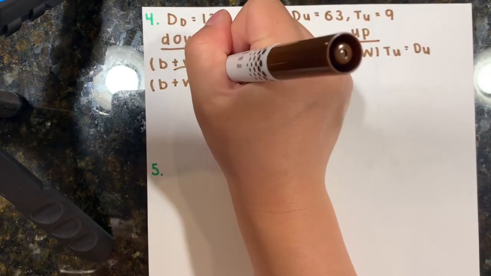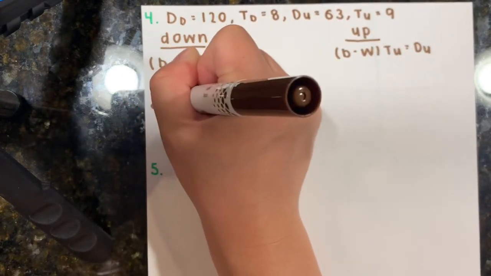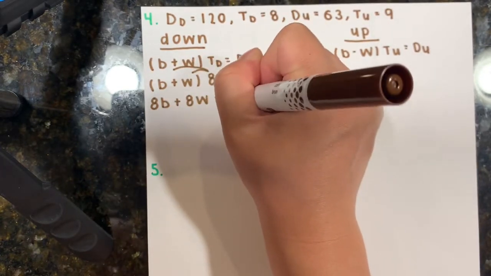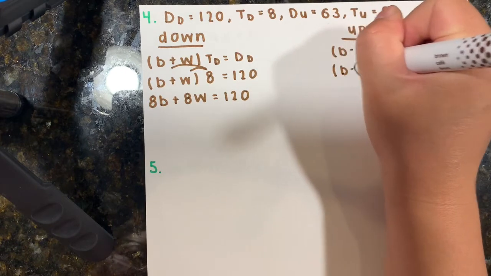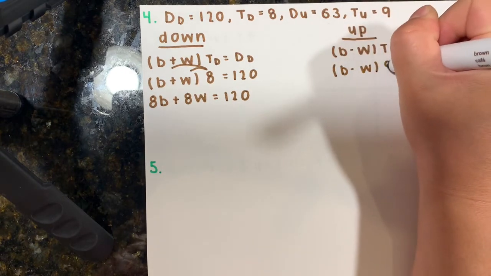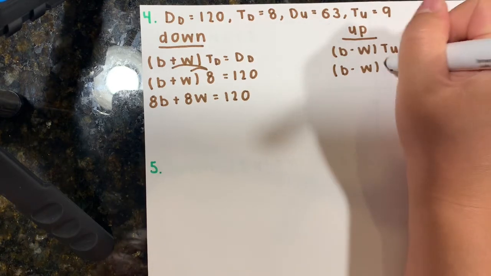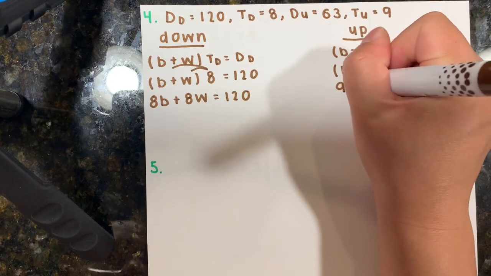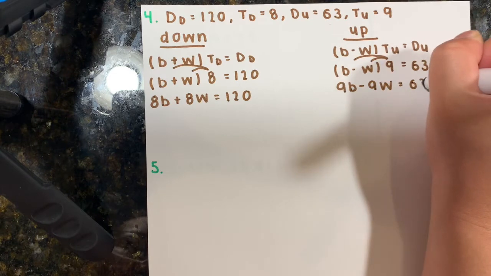You can distribute the 8. So we get 8B plus 8W equals 120. Then for this one, we would have B minus W times 9 equals 63. Distribute that. So that'd be 9B minus 9W equals 63.